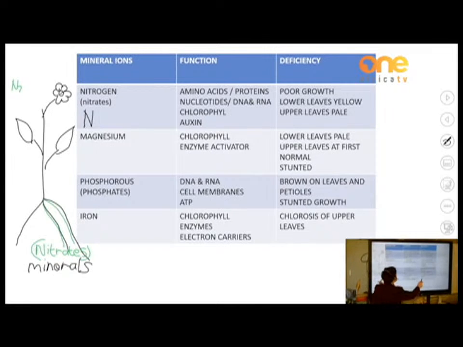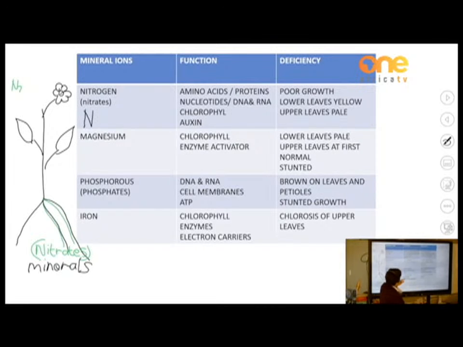But we also know that DNA and RNA nucleotides are also from amino acids. Chlorophyll is a structure, and structures are built by proteins.